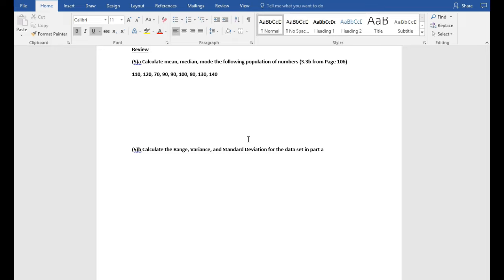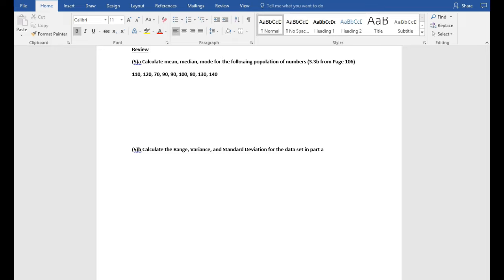So 5a: calculate mean, median, and mode for the following population of numbers. This is 3b from page 106, in case you're wondering.